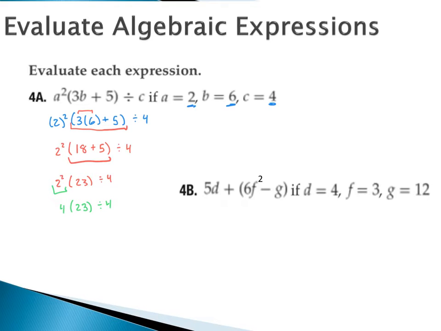And then multiplications up front. Which gives us 92 divided by 4. And then the answer is just 23. So you go ahead and do the next one. Make sure you plug it in using parentheses, and then use order of operations to solve down.